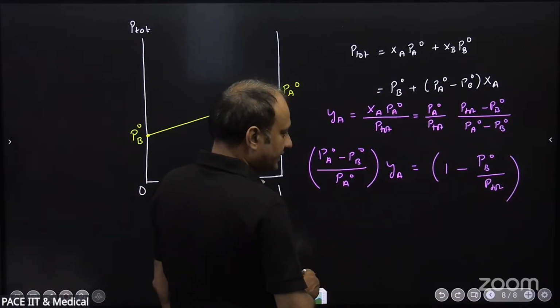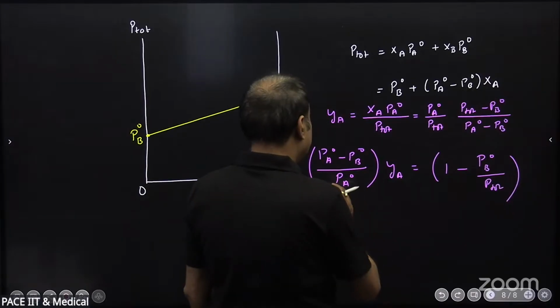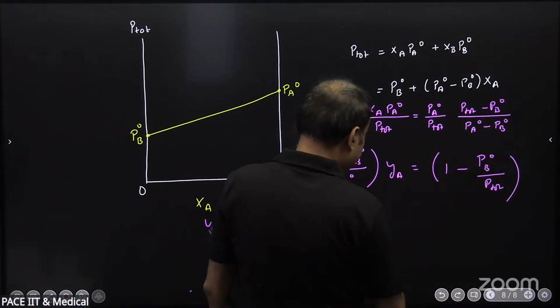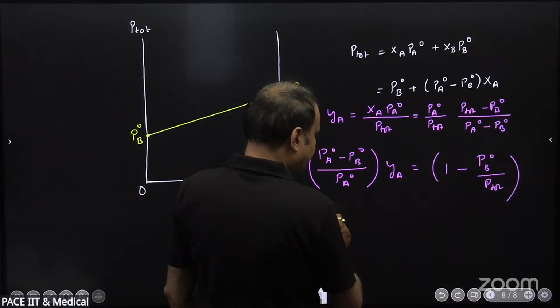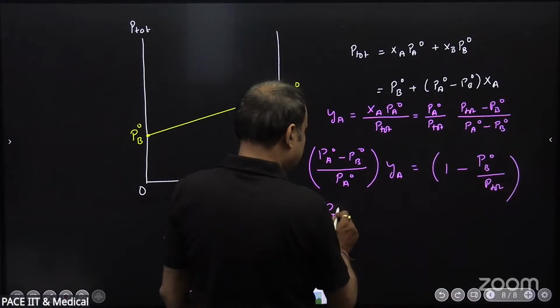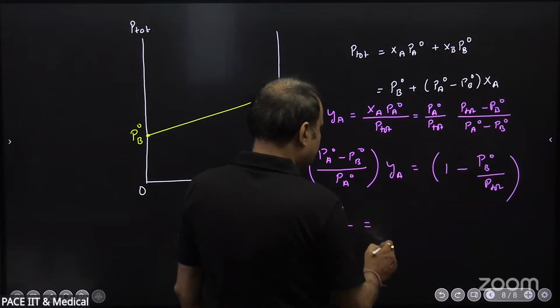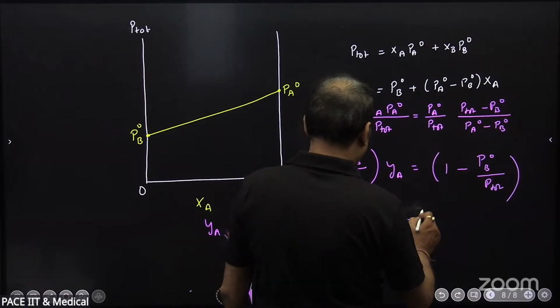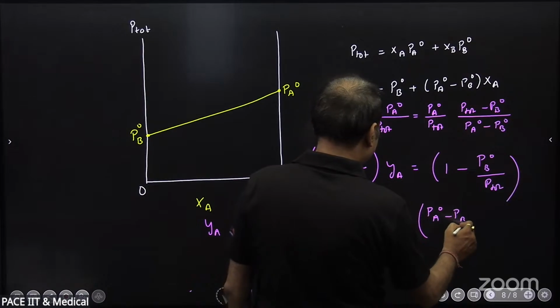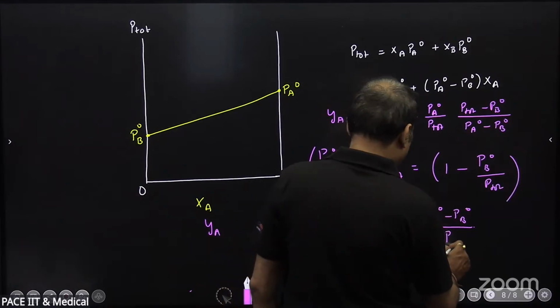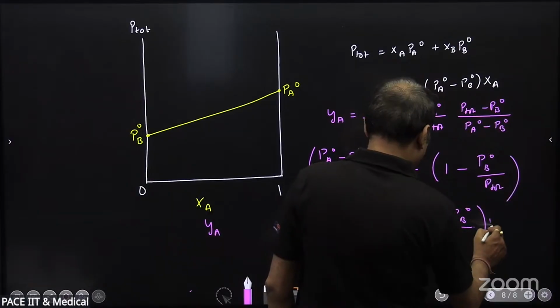So now we can rearrange this. Let's bring this entire term to the other side. So what will we get? PB naught by P total is equal to 1 minus PA naught minus PB naught by PA naught into 1.